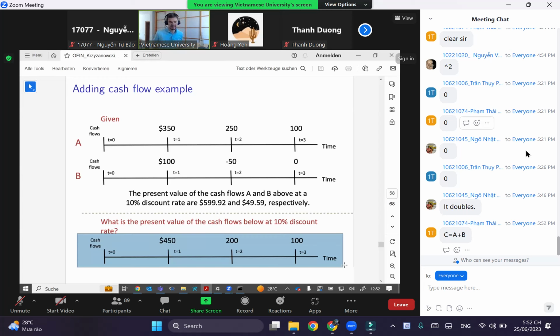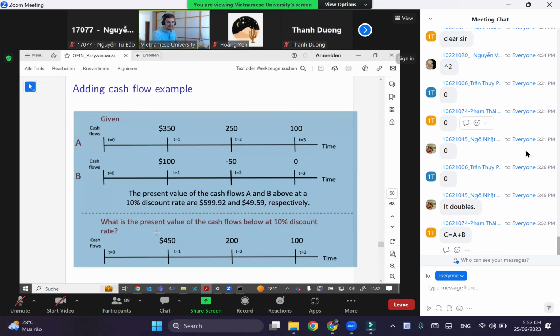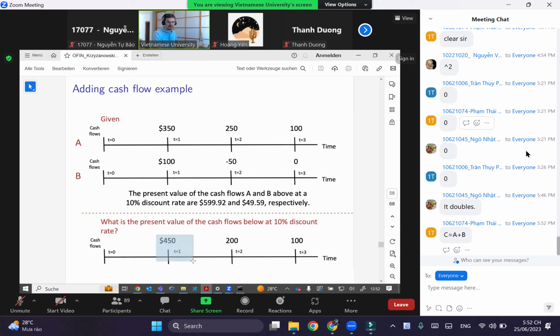And based on the law of one price, without having to calculate the individual present values of the cash flows by saying 450 divided by 1.1, plus 200 divided by 1.1 to the power of 2, plus 100 divided by 1.1 to the power of 3.